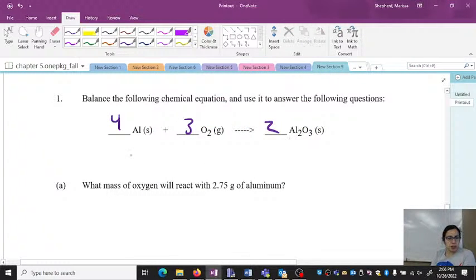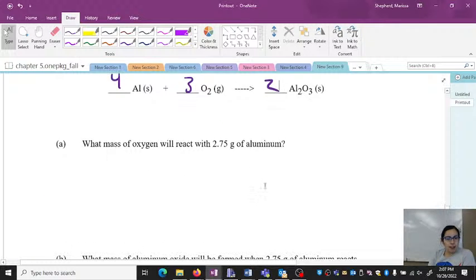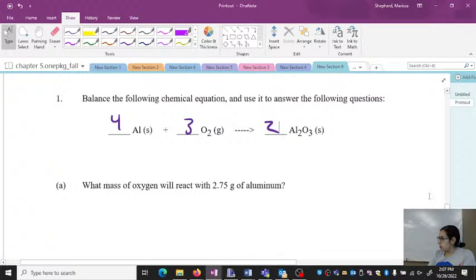That looks really good. And so now I'll let y'all move on to part A. So we have our balanced equation, good. Now, how would we figure out A?